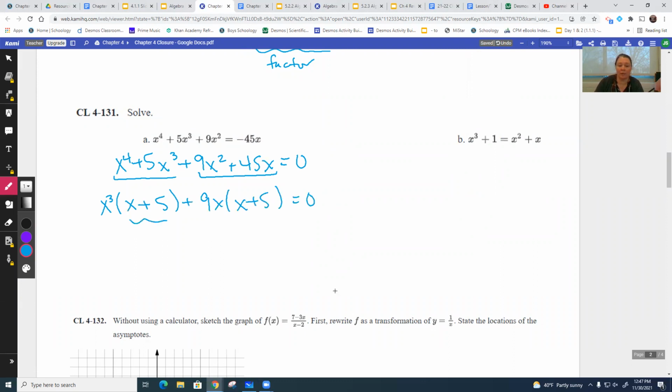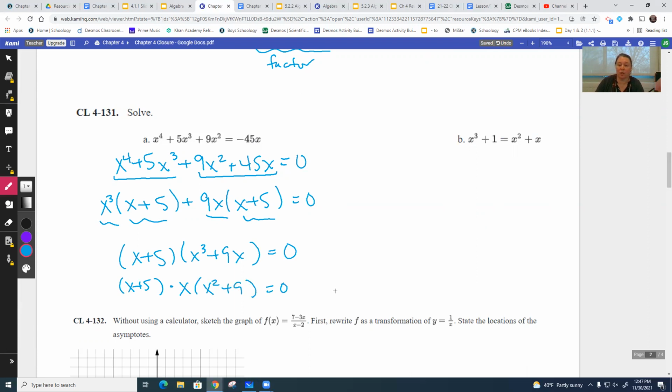And then I have an x plus 5 as a common factor, and I'm left with x cubed plus 9x. And I'm trying to solve this, right? And then I could pull an x out of both of these. So I have x plus 5 times, I could pull an x out of each of these, and then have x squared plus 9 equals 0.